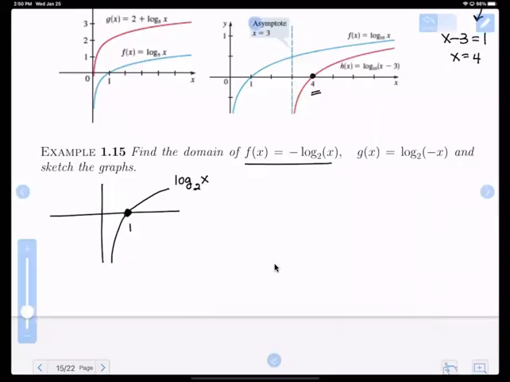What if there's a negative here? All of these are the negative of that. So what we do is flip it. Positive becomes negative, negative becomes positive. There's still 1.